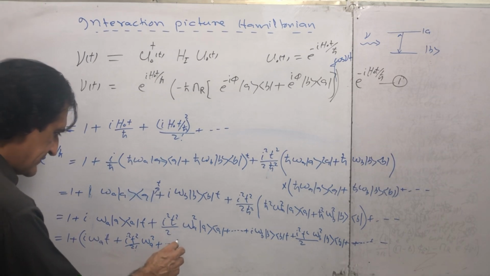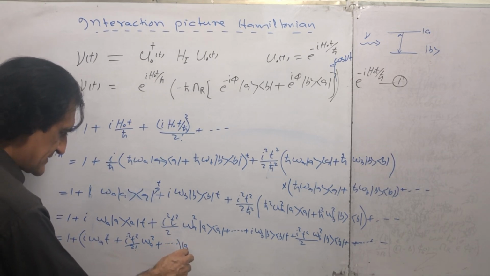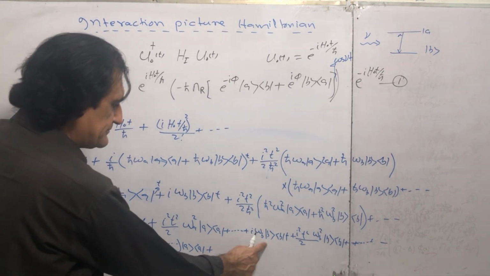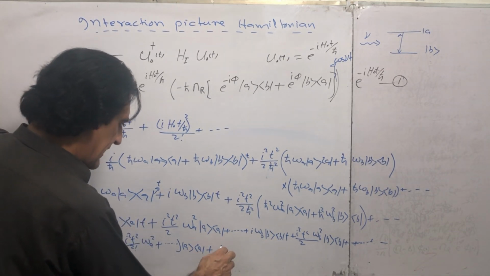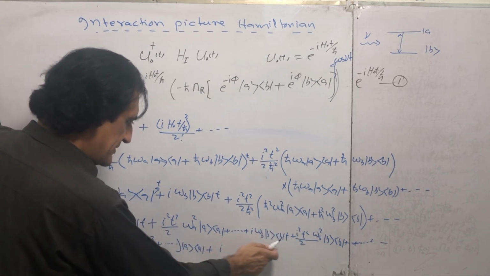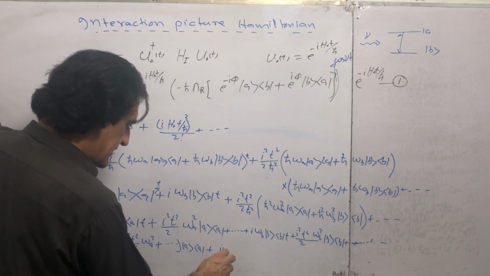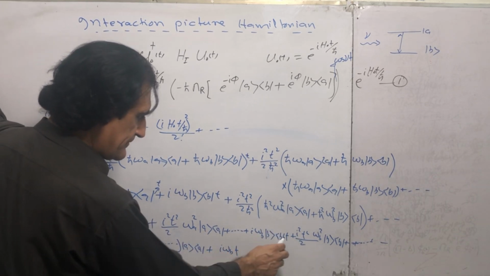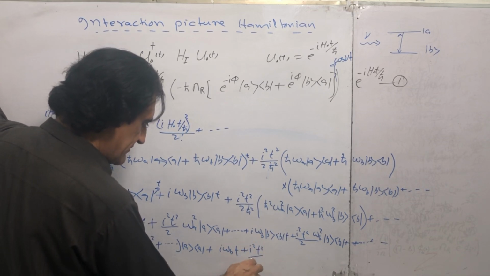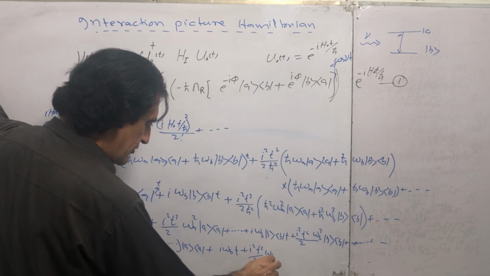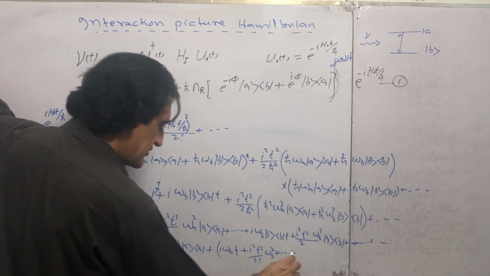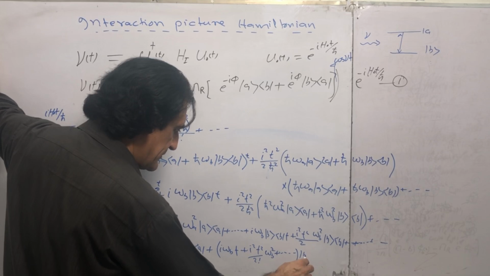And similarly I can take common B state, iota omega b t and plus iota square t square divided by 2 h cut omega b square and the next terms and B.